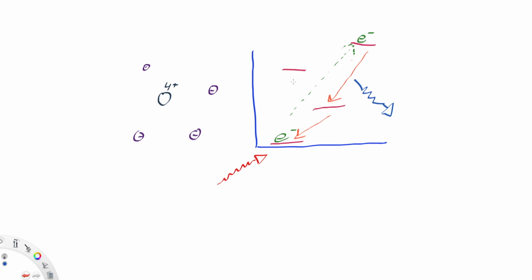And then we see what colors it gives off as the electrons decay back to lower energy levels. And these colors are going to be directly determined by how much energy there is between the level it started with and the level it ended with.